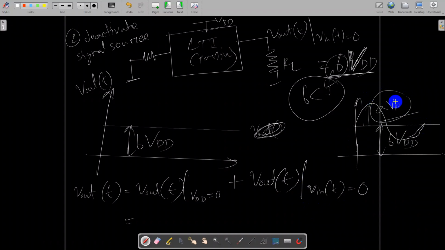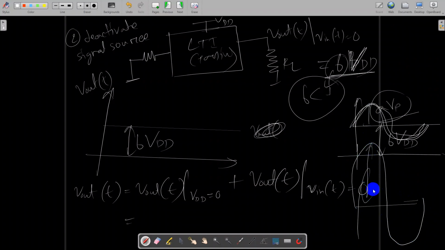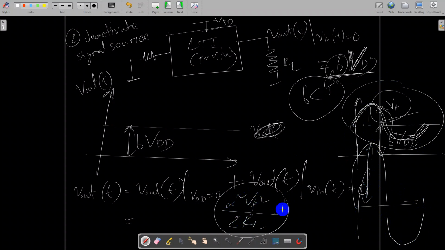Now, if I want to calculate the power of the signal, the signal is shifted upward, but we want something like more amplitude, not shifting. So the actual signal power is the same, alpha square VP square over 2 times RL.